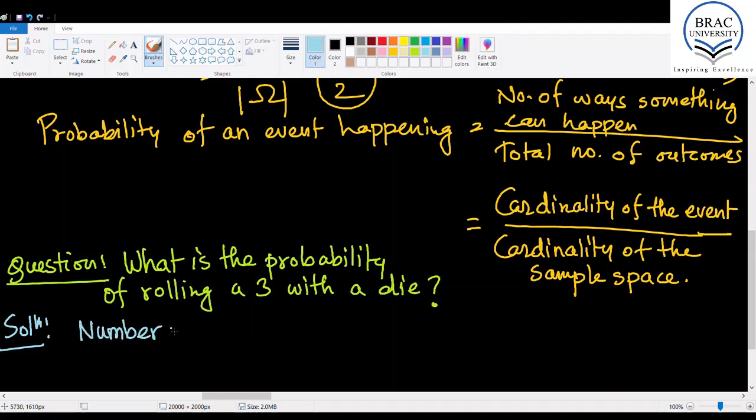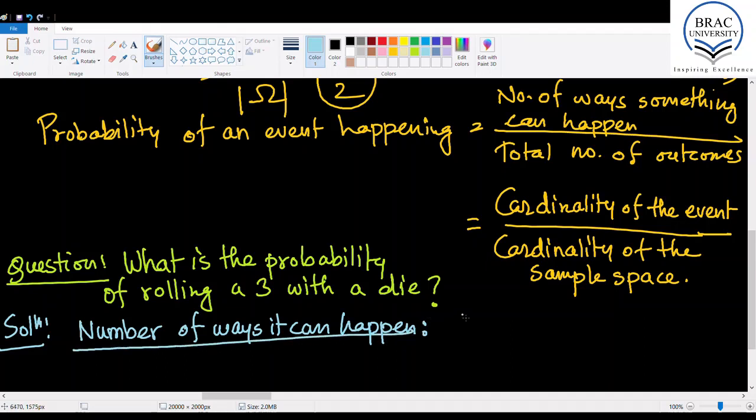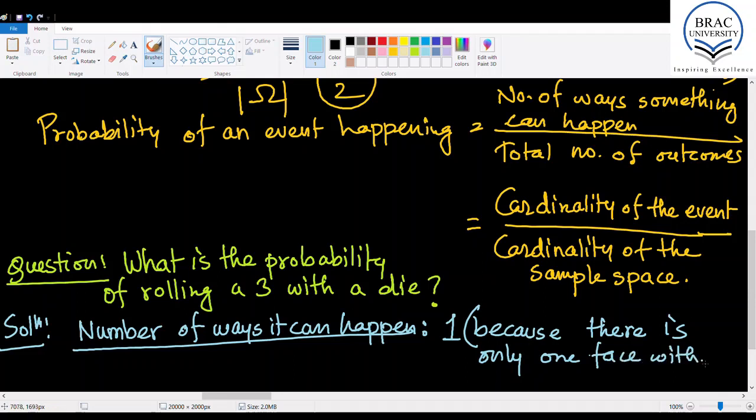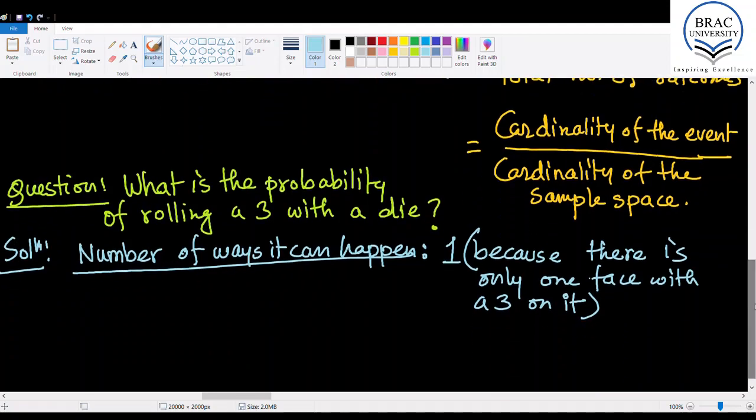First, we have to determine the number of ways it can happen. So that means the number of ways a 3 can show up from a die. There's only one way, because there is only one face with a 3 on it, right? Only one face of the die has a 3 written on it, so only one way it can happen.